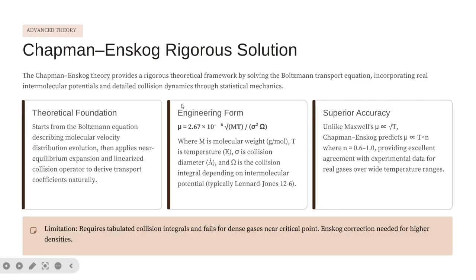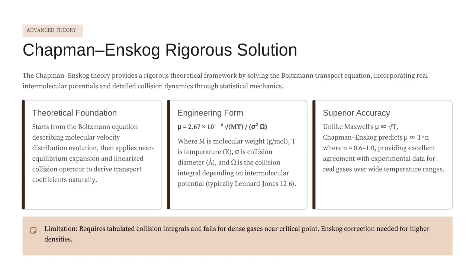Next, we have the Chapman-Enskog rigorous solution. Chapman and Enskog solved the Boltzmann equation rigorously. They considered real intermolecular potentials and statistical mechanics.